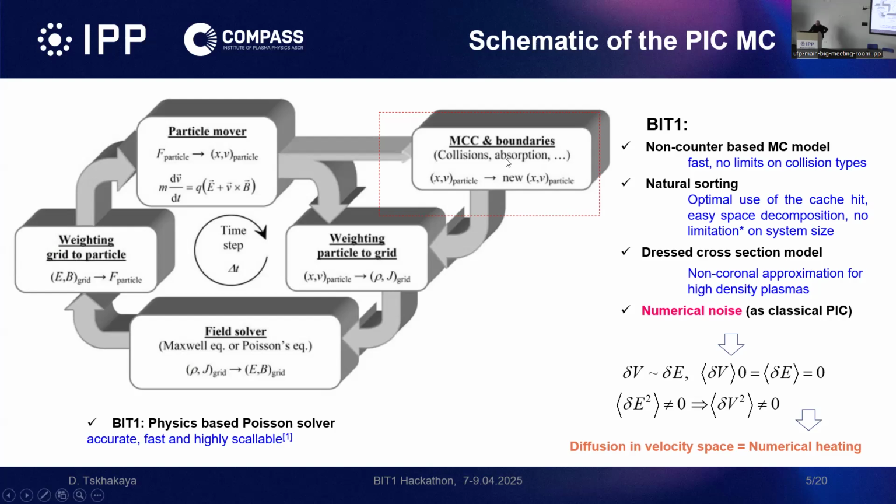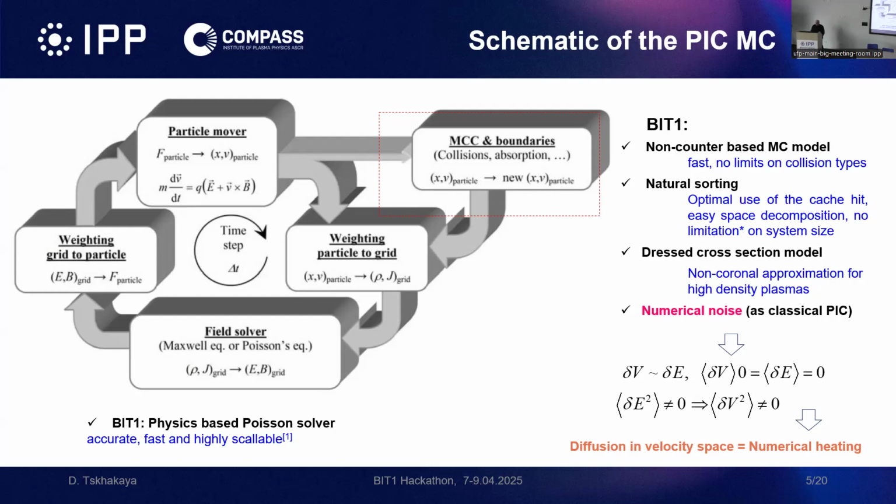So the specialties of BIT1 are, first of all, that it has a physics-based Poisson solver, which is accurate and extremely fast. It's 1D, but still very fast. It's funny, it was not easy to find one-dimensional fast solvers, while 2D and 3D were quite available. Then it has natural sorting, which means optimal use of cache hits. So it's very easy for space decomposition whenever you want to go to massively parallel simulations.